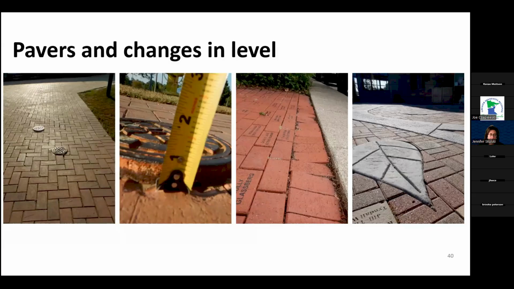So, other issues with pavers and changes in level: again, this could be installed perfectly level and accessible, and in a couple seasons of freeze thaw, you've got this settling.